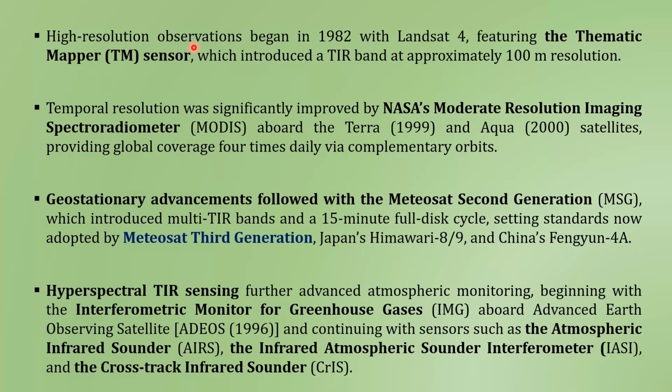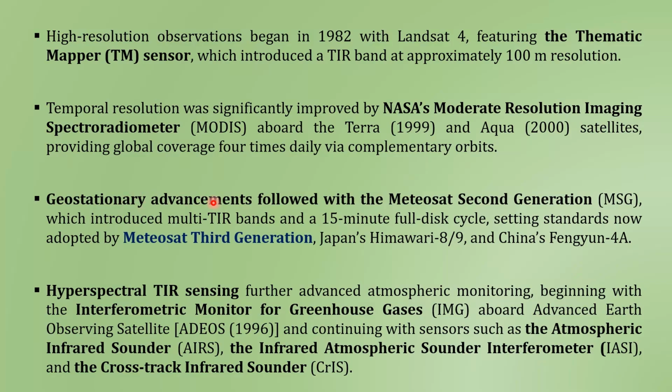High resolution observations began in 1982 with Landsat 4, with the use of the Thematic Mapper sensor, which introduced a TIR band at approximately 100-meter resolution. The temporal resolution was significantly improved by NASA's Moderate Resolution Imaging Spectroradiometer, which was placed on the Terra and Aqua satellites, providing global coverage 4 times daily via complementary orbits.